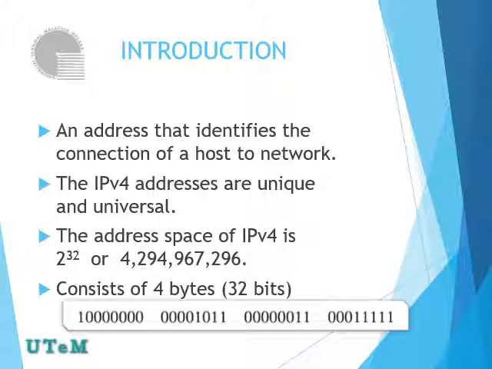This is an example of an IP address that consists of 32 bits. So we have 8, and then 16, 24, 32 in total. The IP address space is equal to 4,294,967,296 addresses. Okay, it's huge. It's a lot.